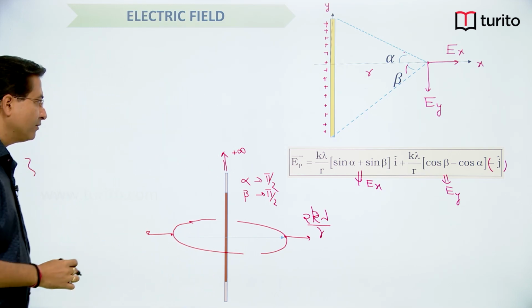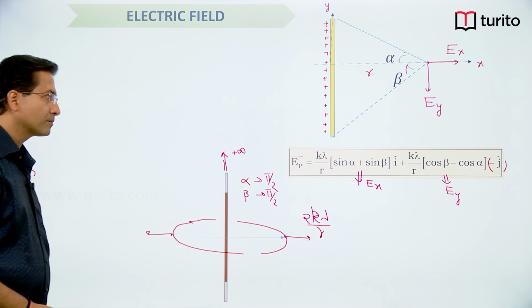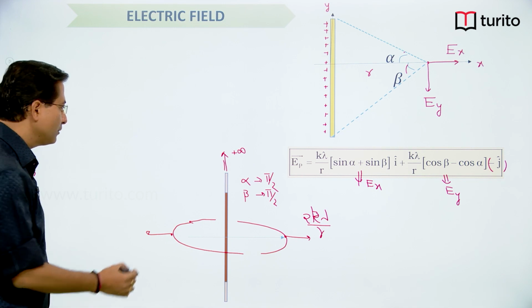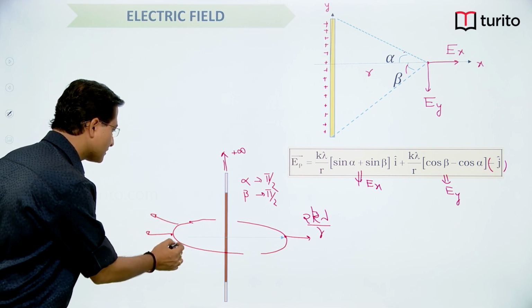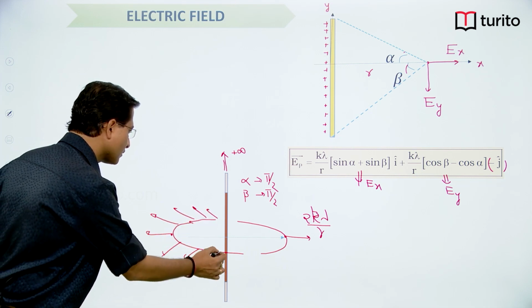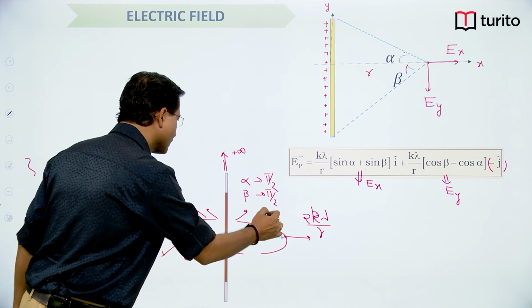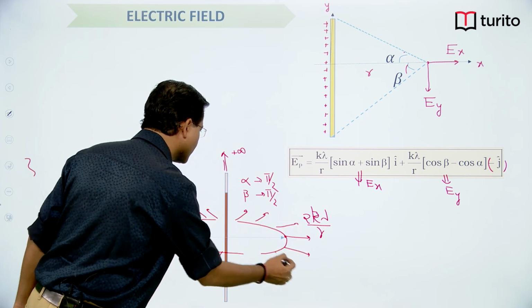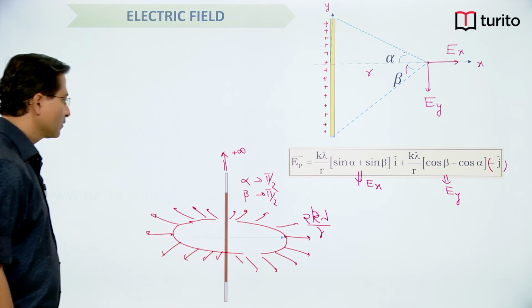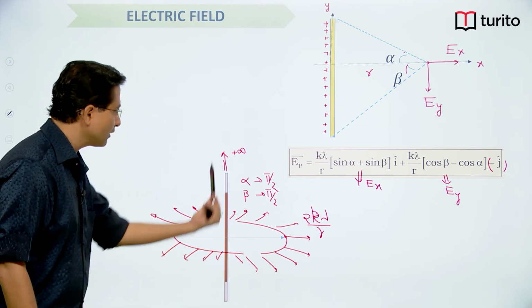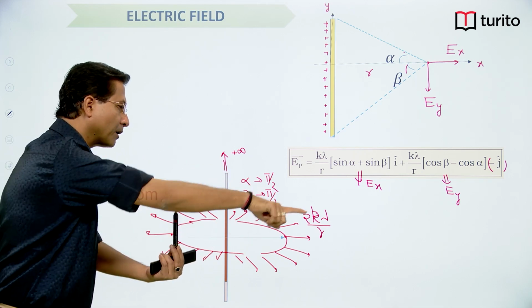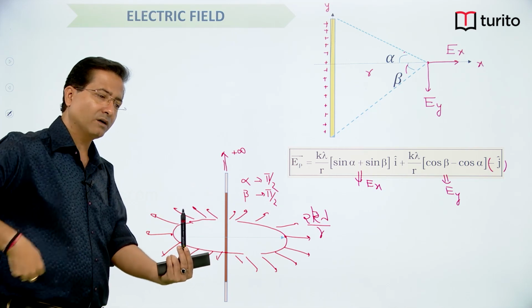So at every point on the circle, the magnitude of field will be the same, but the direction will be perpendicular to the axis. It will be something like this. So around this infinite wire, the electric field will be perpendicular to the wire in the outward direction.